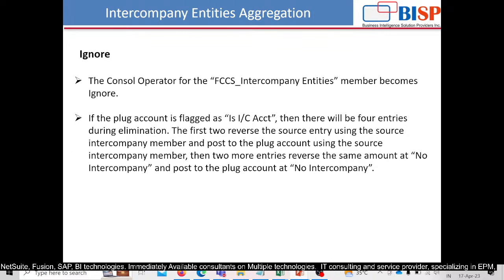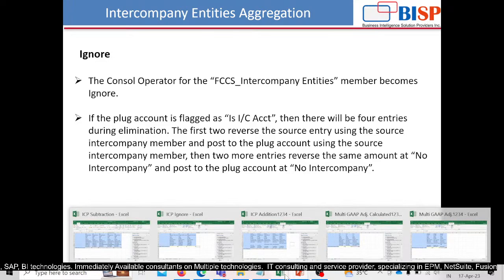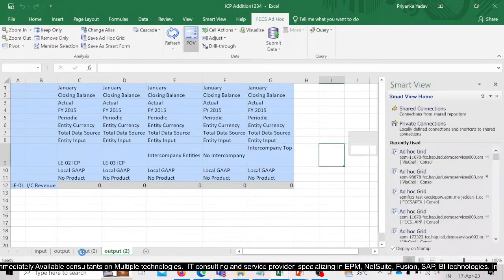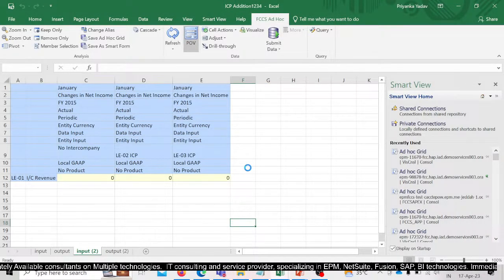So let us see practically what happens when we choose addition. I have set the POV with LE1 as my entity, and LE2 and LE3 as its intercompany partners.